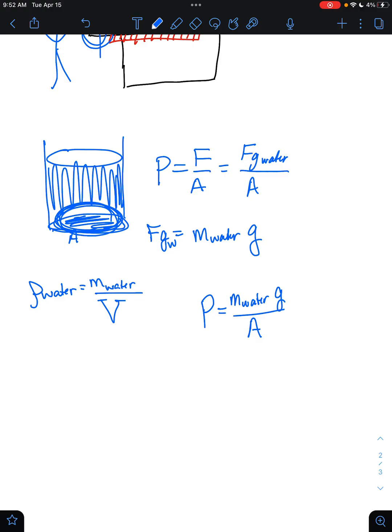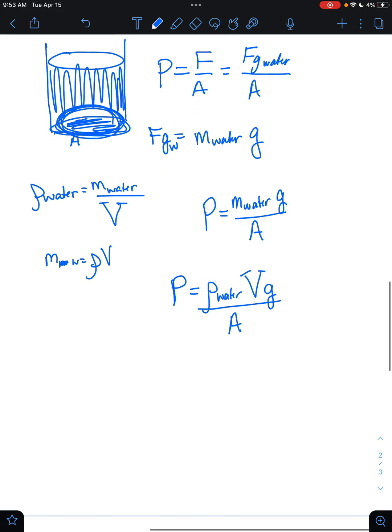But we could replace that mass of the water with the density times the volume. So the pressure is equal to the density of the water times the volume inside that container times g, all over the cross-sectional area of the bottle. And you could leave it that way.